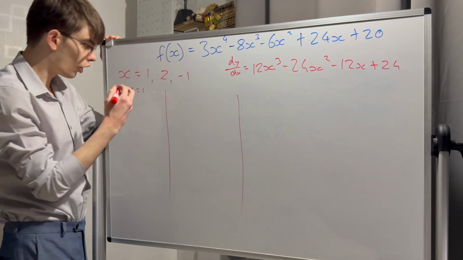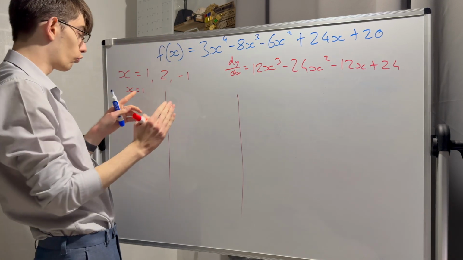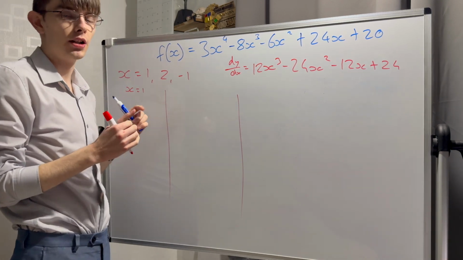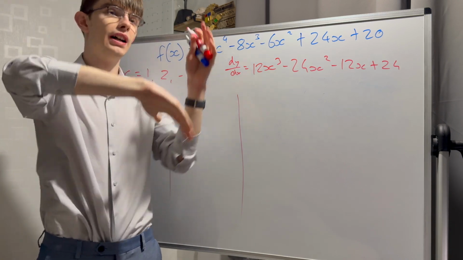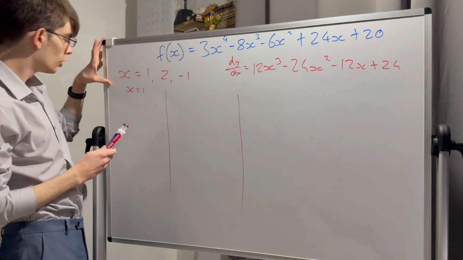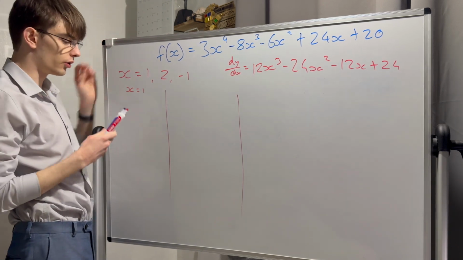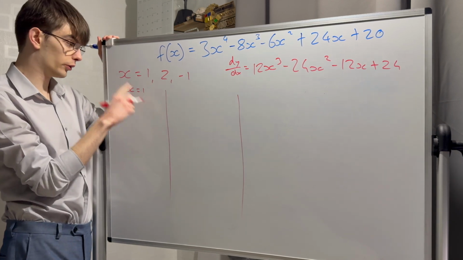And remember, I want to find a point just to the left and right of x equals 1, because I want to determine if my gradient is positive or negative just before, and if it's positive or negative just after. So I'm going to choose numbers that are very, very close to 1.